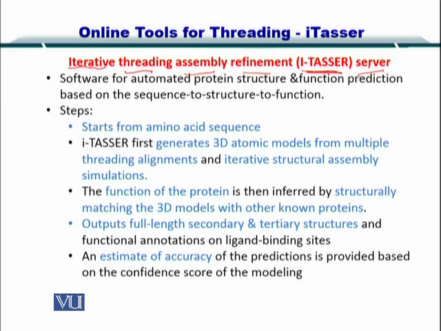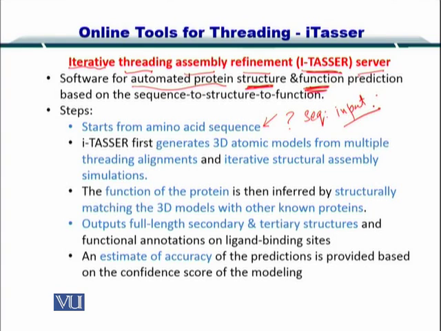As is obvious from its name, ITERA iteratively assembles various folds by threading sequences against those folds and builds a tertiary structure. So it's a software which does this for you in an automated way and predicts the structure and function as well. It starts with the input of an amino acid sequence, which will be input by you.